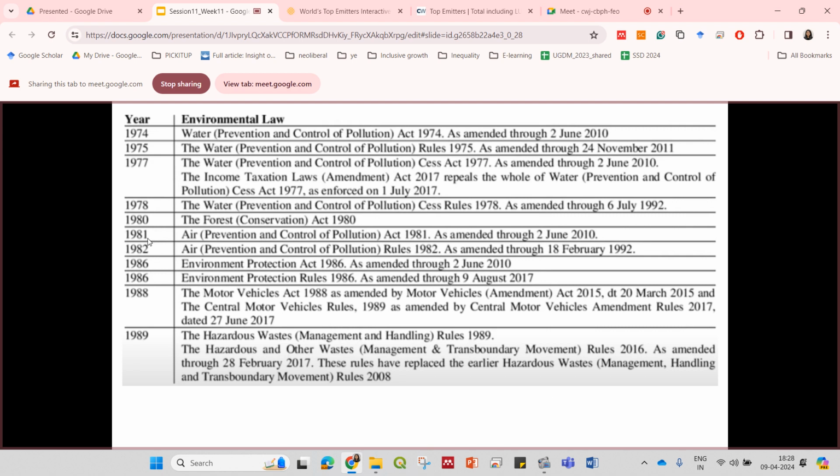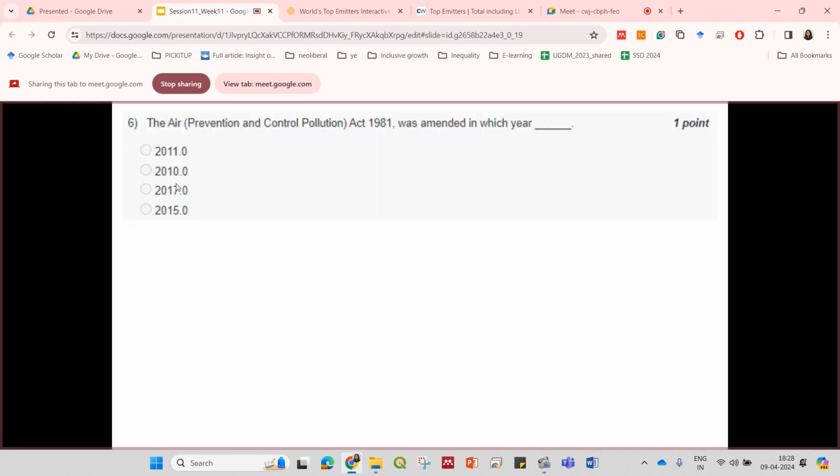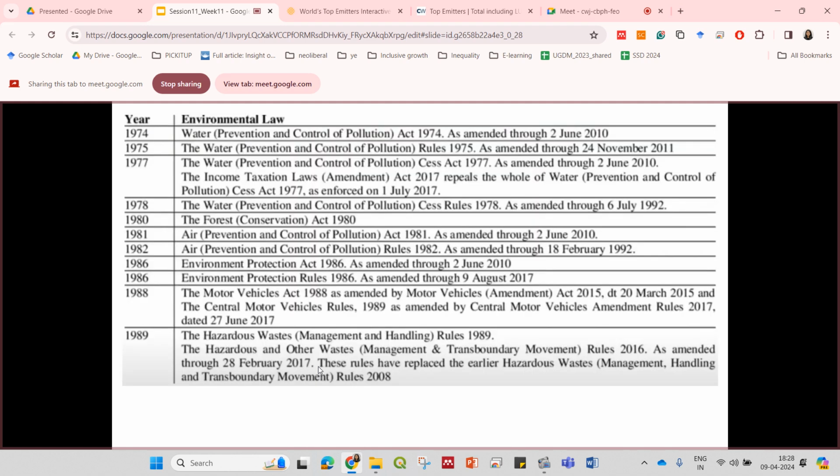So you can see here, in 1981, the Air Prevention and Control of Pollution Act came into being, and it was amended through June 2010. So that is the answer to your question: the act was amended in the year 2010.